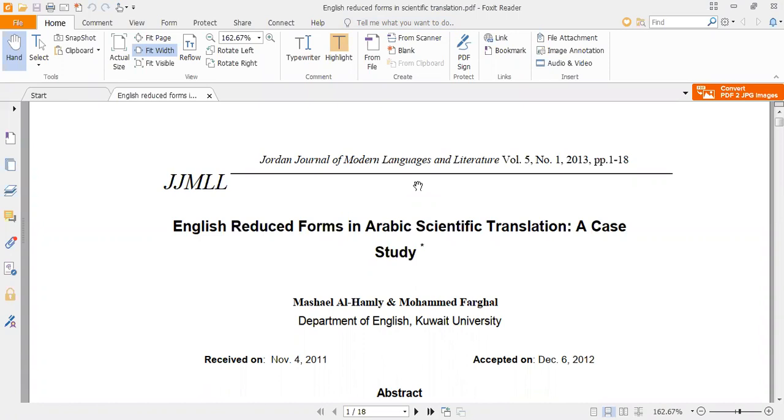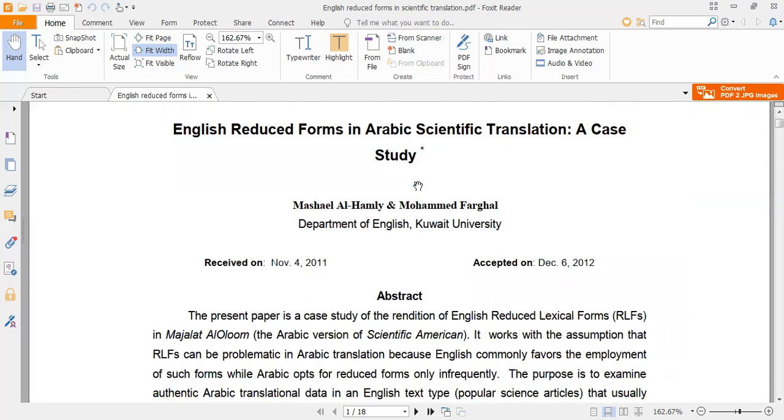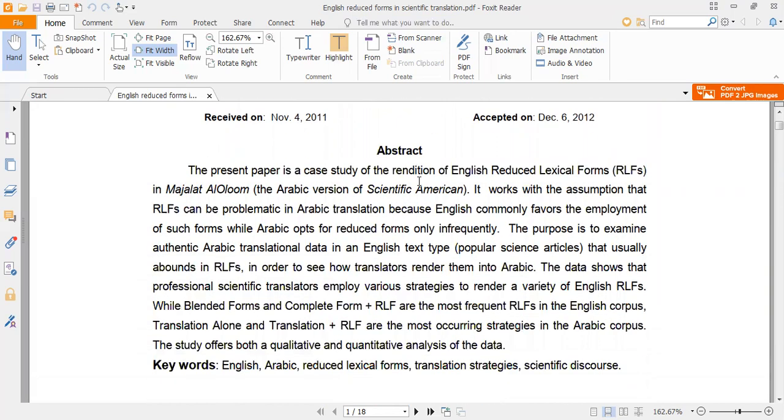First of all, what is meant by reduced forms? Reduced forms means that the lexical item is reduced, part of this lexical item is deleted. So we have a new item which is shorter than the original one.